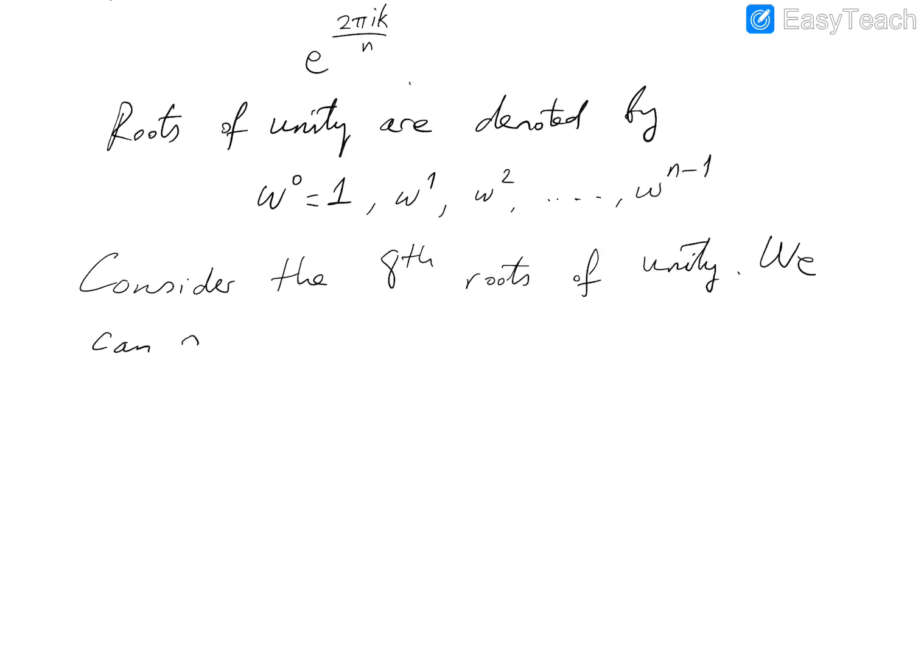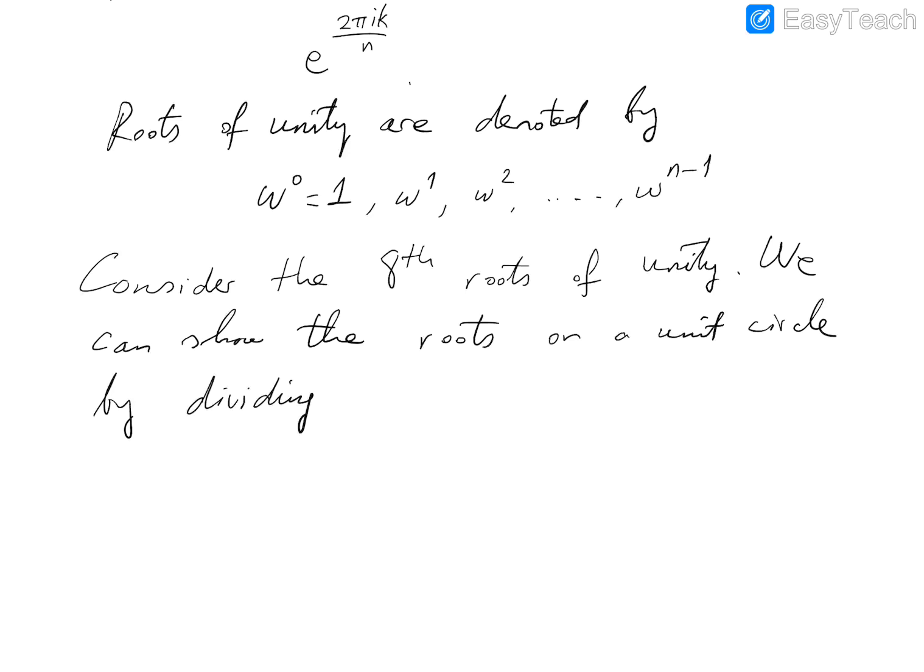We can show the roots on a unit circle by dividing it into 8 equal slices, each with an angle 2 pi over 8.